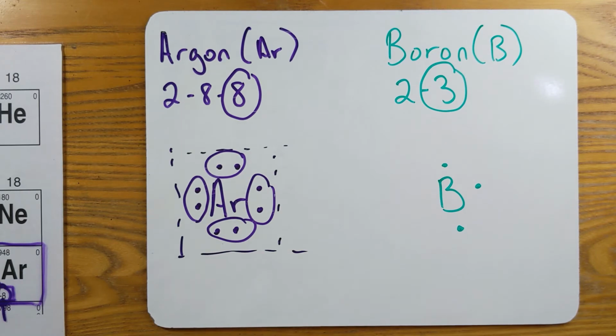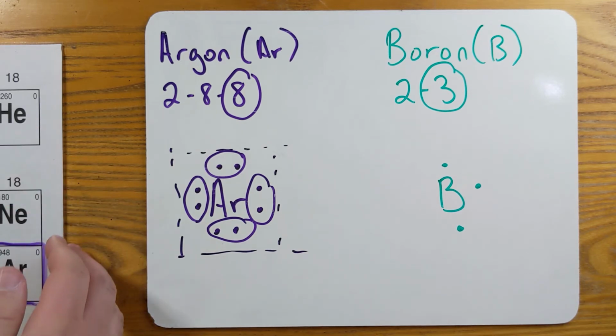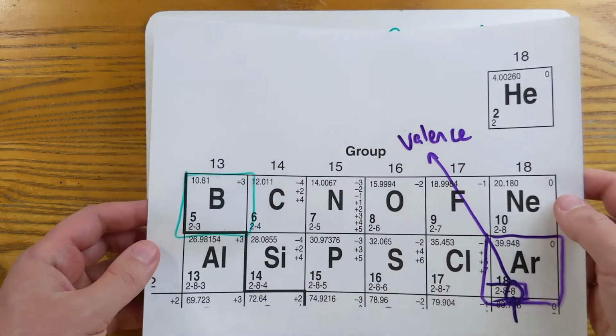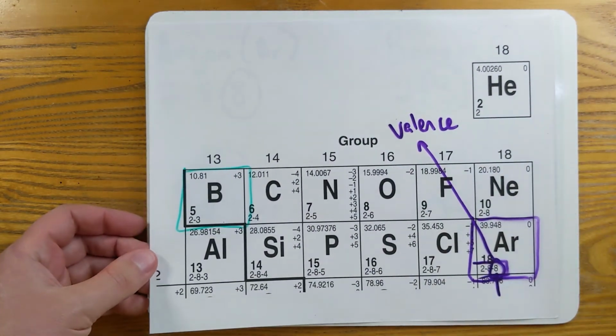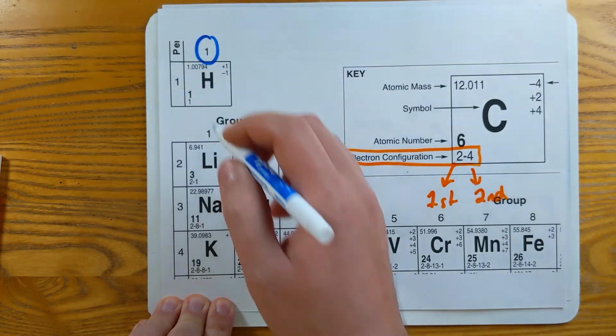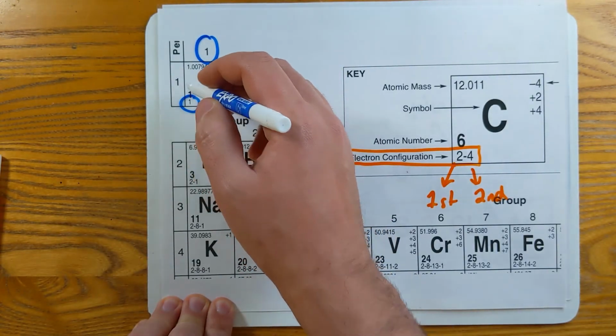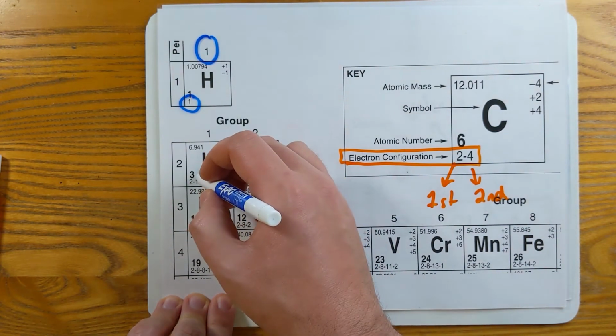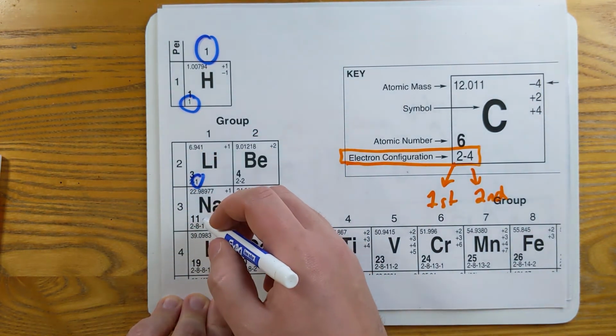Now, if you did not have the Regents reference tables, and you were just using any periodic table, you can figure this out by which group the element is in. So for example, this is the first group. Hydrogen only has 1 valence electron, actually only 1 electron. Lithium, 1 valence electron.